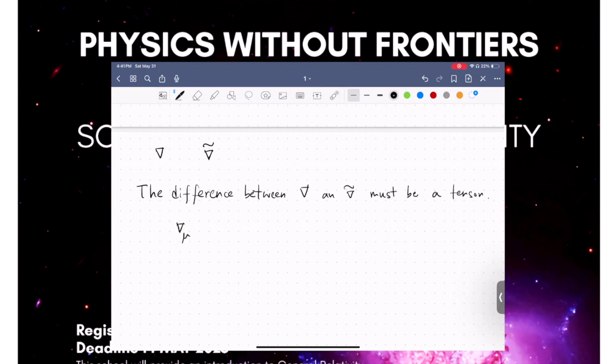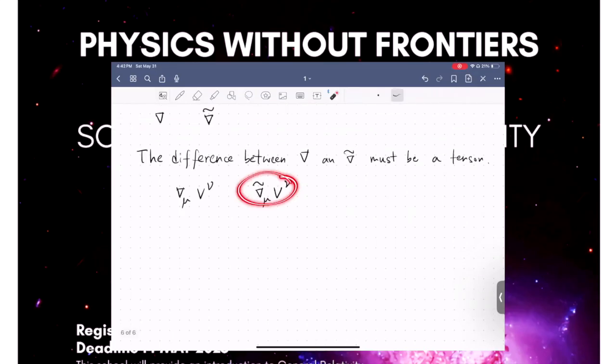Suppose you take the derivative of a vector, suppose you compute this, and you compute the derivative of the same vector with respect to the other derivative. And what we want to know is how different these two things can be. So what this statement is really about is that if you subtract these two things, then the difference must be given by a particular kind of transformation of this vector.